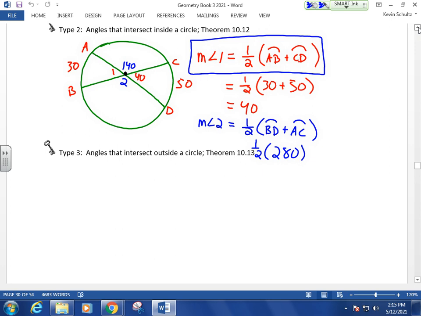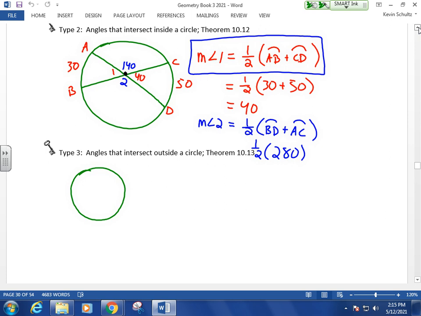Type 3 is angles that intersect outside of a circle. And there are actually 3 possible ways for an angle to be created outside of a circle. So we're going to draw 3 different pictures here. Okay? 3 more chances at glorious circles. Oof, that wasn't a glorious circle. Okay?